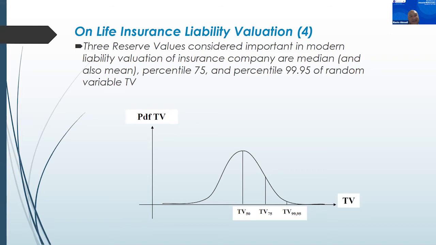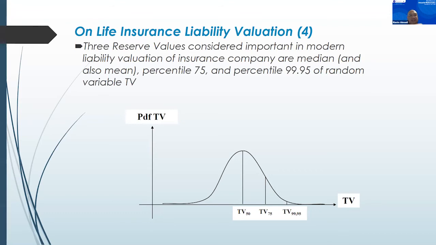Of course, it's not known a lot in the industry, but basically that addition of capital requirement by the regulator is trying to position the company to be able to have high probability coverage for the liability payments in the future.